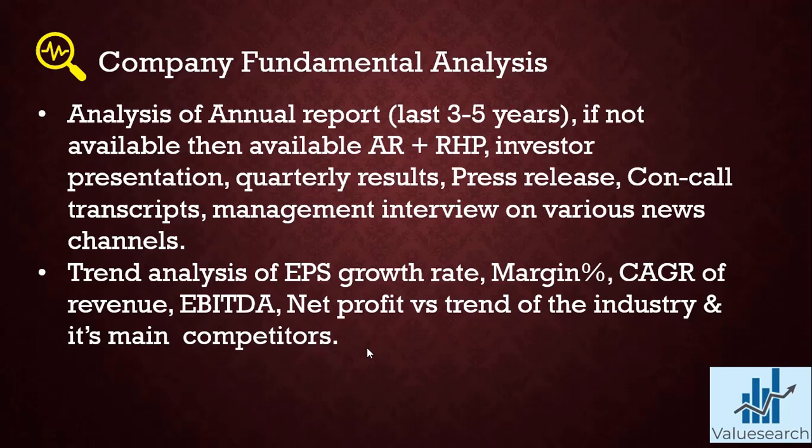Suppose TCS is growing their top line, meaning their total revenue, by, let's say, 10% year on year, and the industry growth rate is also 10%, and if L&T Technologies is growing their total revenue by, let's say, 20% year on year, then it is a really good sign.